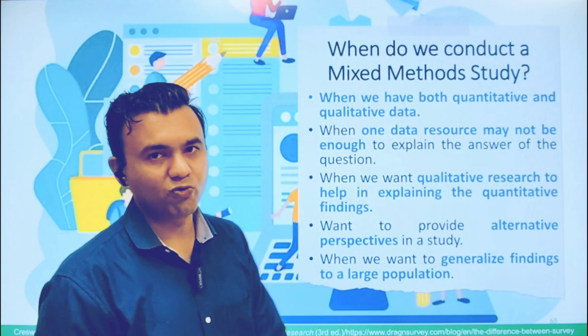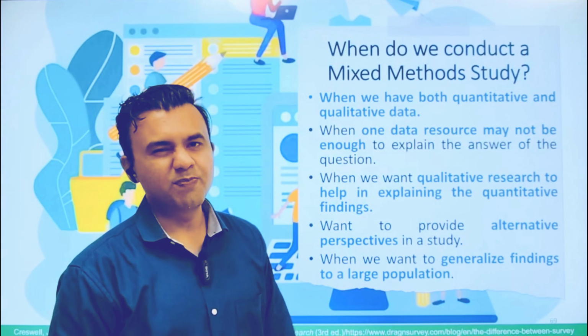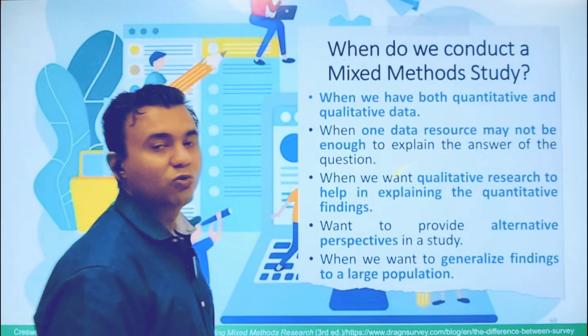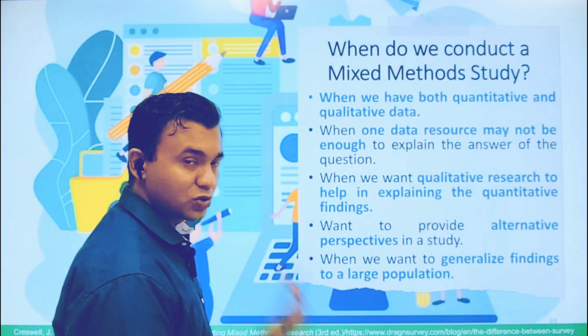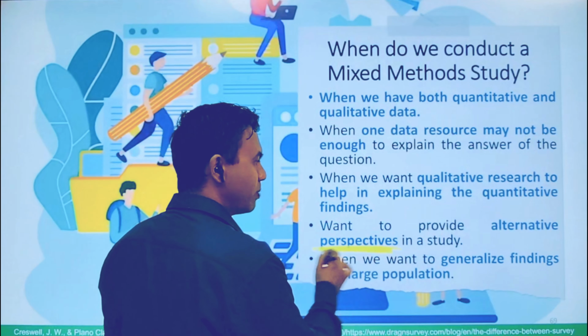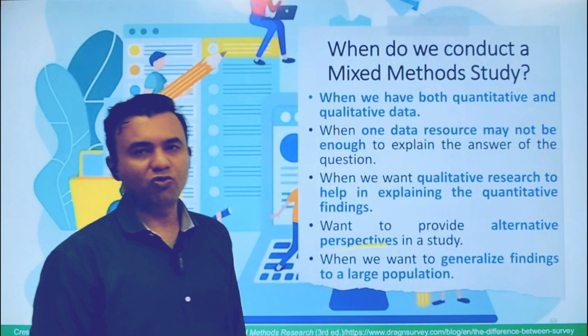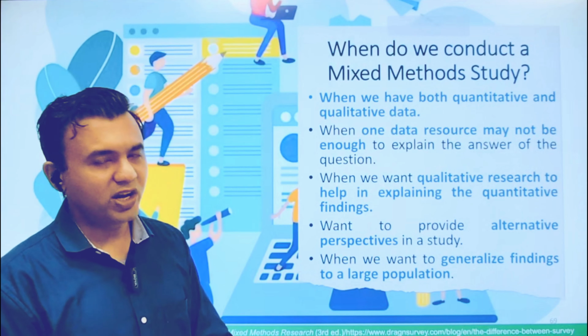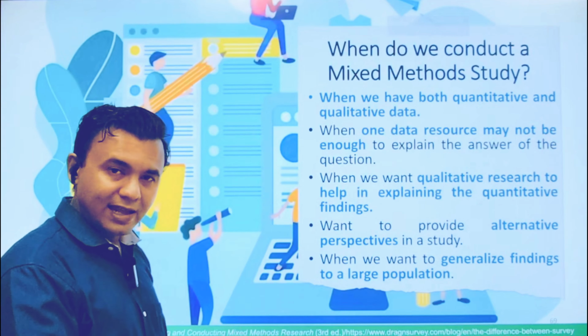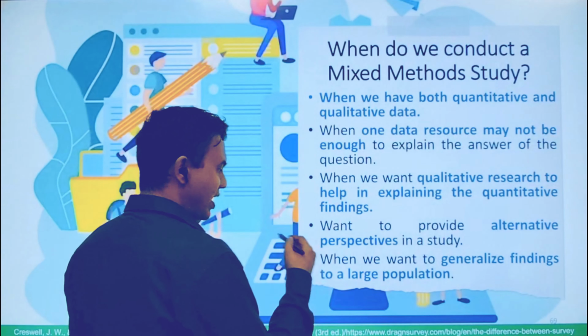So we have some quantitative findings, but there are certain missing links, and we want to identify how qualitative research can help us to extract them. When we want to provide an alternate perspective, I got some quantitative findings. I want to ensure that qualitative findings are also in line with the same, and complement each other. That's why we can use both of them.